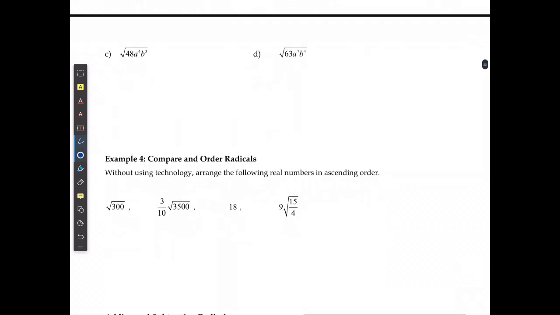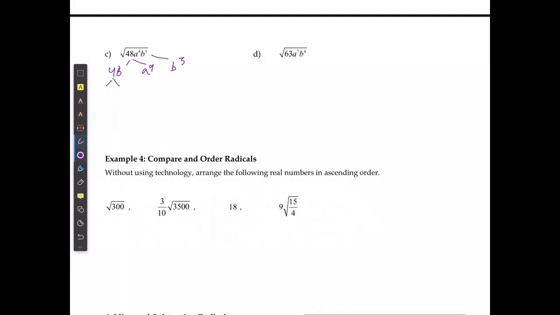When I get to C and D, I can use the same principle that I did before. It's just when I'm dealing with the variables, I need to remember that the variable is already a certain number of whatever that number is already set. So if I'm factoring, then typically what I'm going to do is split it up right away and say that I'm going to have 48, and I have a to the 4, and I have b to the 3.